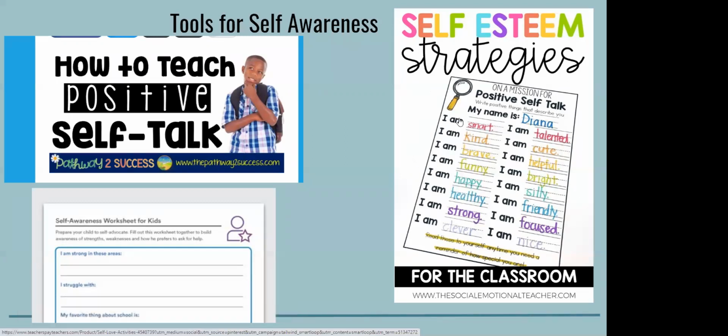That positive self-talk is something you can do. This looks elementary, I know, but think about even a middle school or high school setting with Post-it notes. I remember before, everybody put their name on a sheet of paper and you would pass the papers around the classroom, and each person writes something positive about that person on that paper, and that person can keep it later.